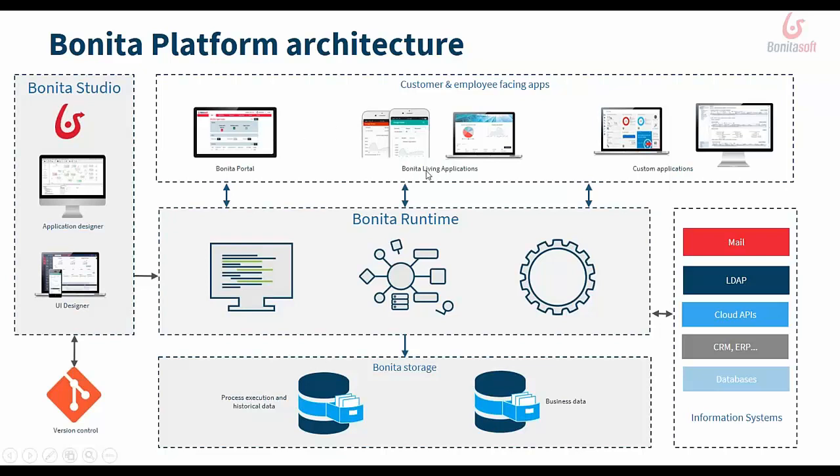In the middle, we have the living applications, which are all the UIs that you will build for your business applications. A designer will design them, and when they execute, they will be hosted by the runtime directly. And on the right, you also see that we can interact directly with the custom applications.